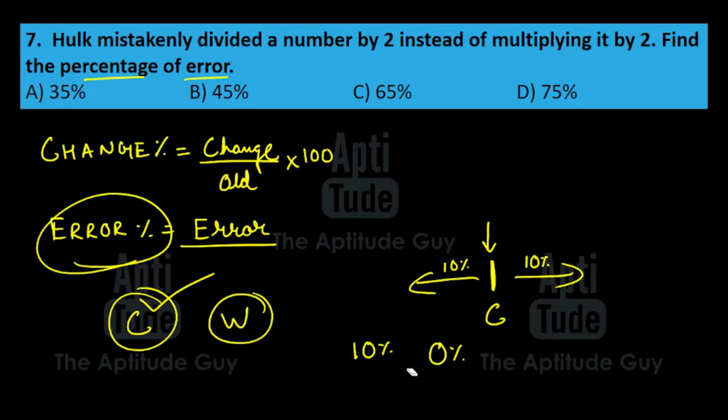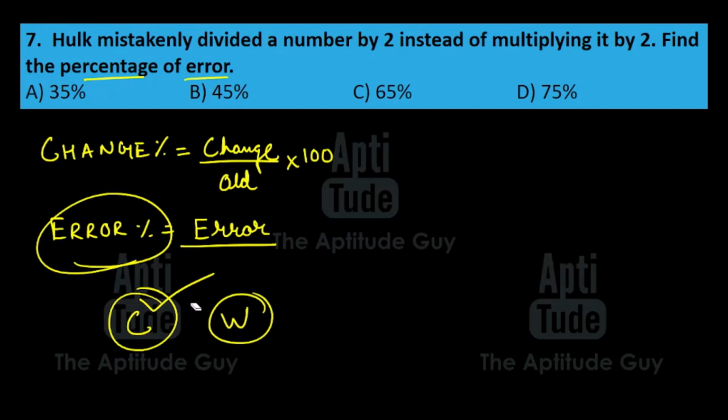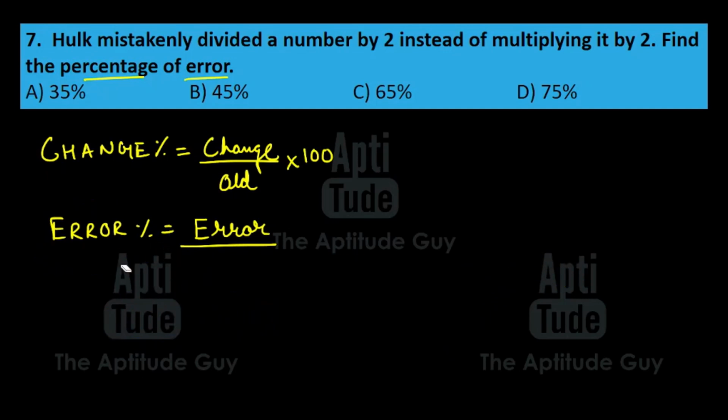That is what error percentage means. So, error percentage is always with respect to the correct value. Because how do you know you have made a mistake? When you compare your answer to the correct answer. And of course, into 100. This is how you need to think about denominators. What am I comparing it with? That's all.